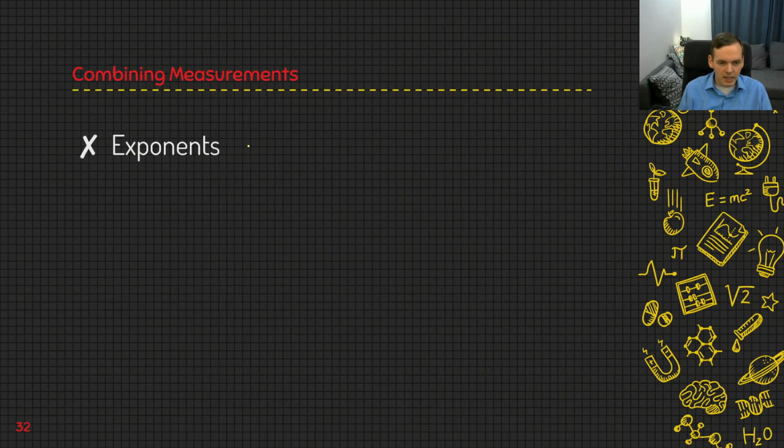So in this case, multiply the relative uncertainty by the exponent.